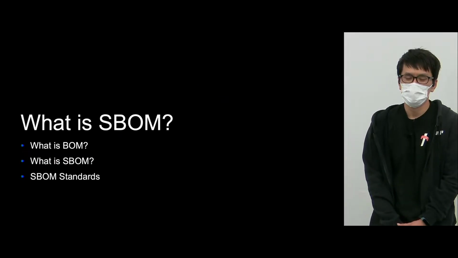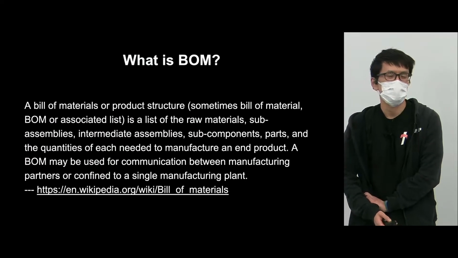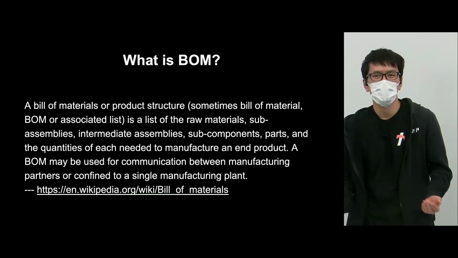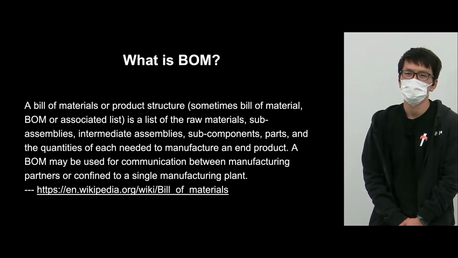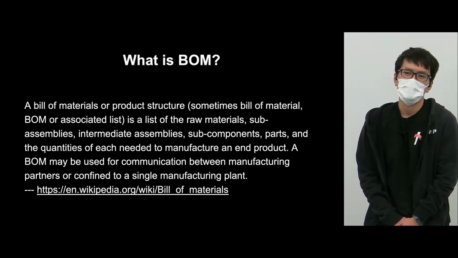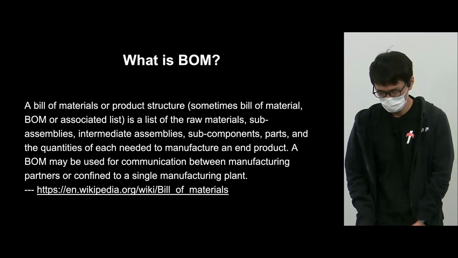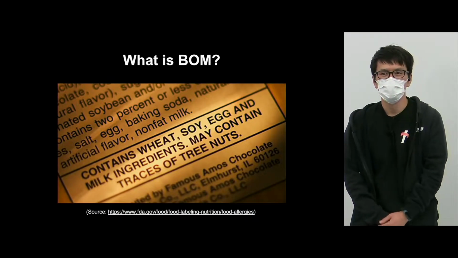Let me explain what SBOM is, and before explaining SBOM itself, I'd like to explain what BOM, B-O-M, means. It stands for Bill of Materials. A BOM is a list of the raw materials of a product. For example, let's imagine a food label.